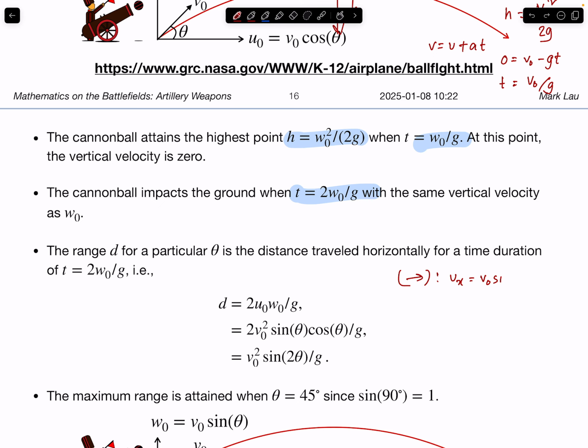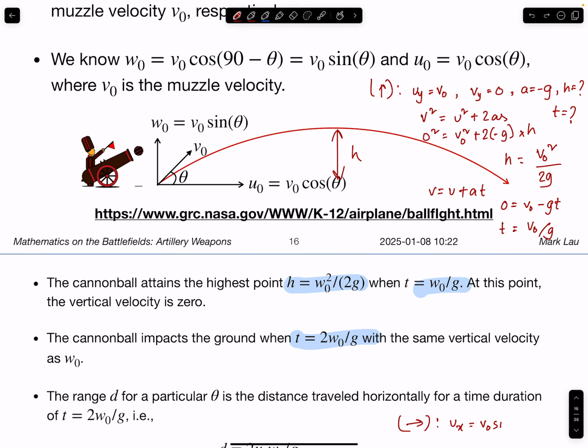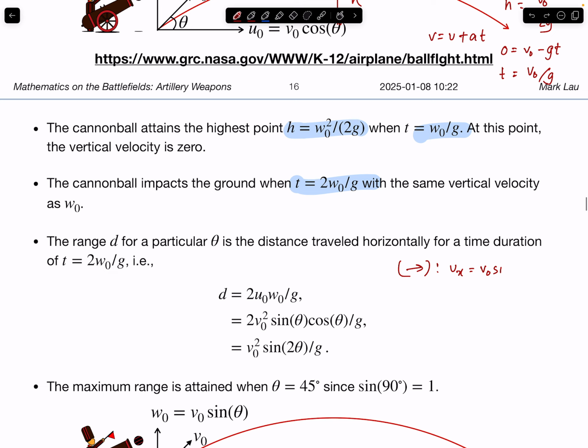Wait, with the angle it is cos theta, and we are required to find the range. Distance is basically speed times time. So speed is v naught cos theta, and the time is... wait, am I missing something? The range is travel.